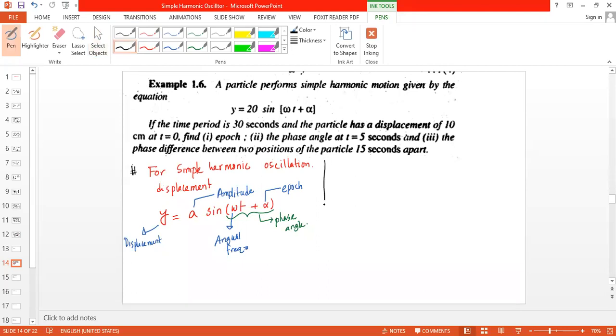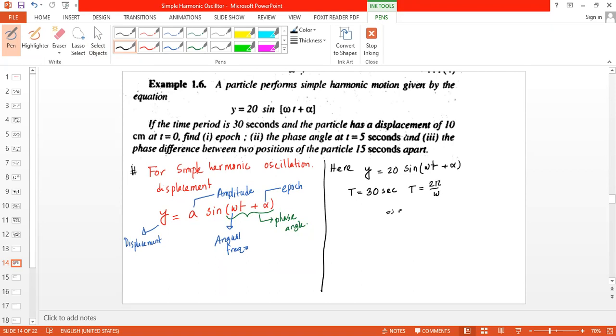So here what they give us is the displacement equation: y equal to 20 sine omega t plus alpha. They told us that the time period T equal to 30 seconds, and we know that T equal to 2 pi by omega.